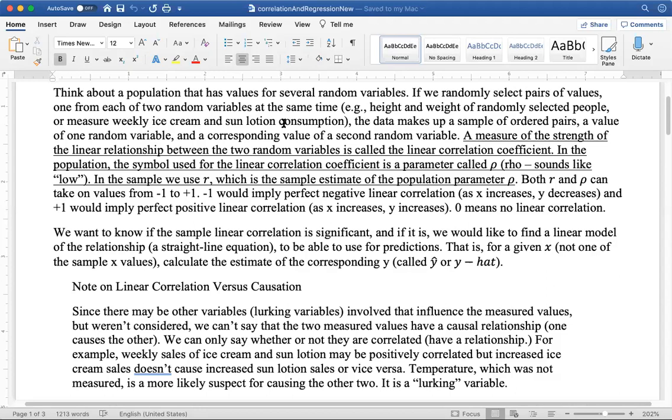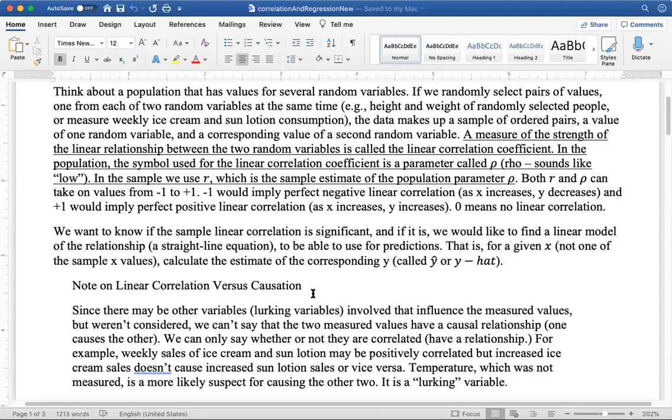There's something else involved that wasn't measured. And most likely it would be something like temperature. What is the outside temperature? If it's high, then ice cream sales will probably go up, and so will sun lotion sales. That would be the causation: temperature versus ice cream and temperature versus sun lotion, not ice cream versus sun lotion.